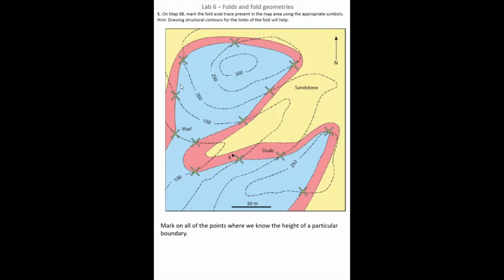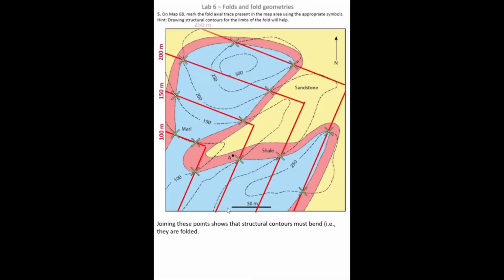Now one of the problems that we've got here is that if we were to connect these points, we're going to have to bend our structural contours. In all of the examples we've seen so far, we've been able to draw a straight line across the map area that's connected all of the points without any deviation. However, in order to join these points to make our structural contours, they have to bend.